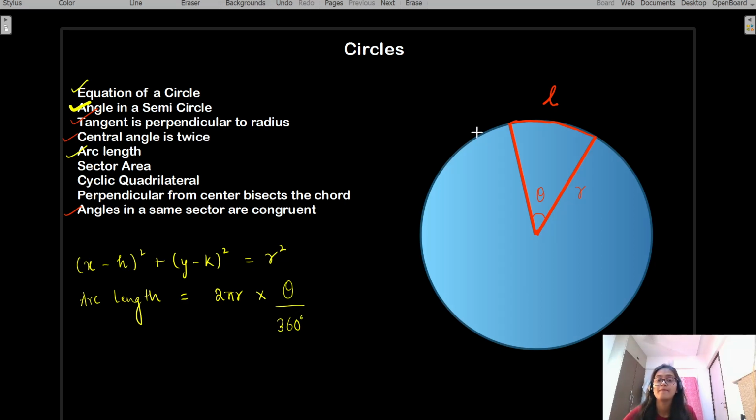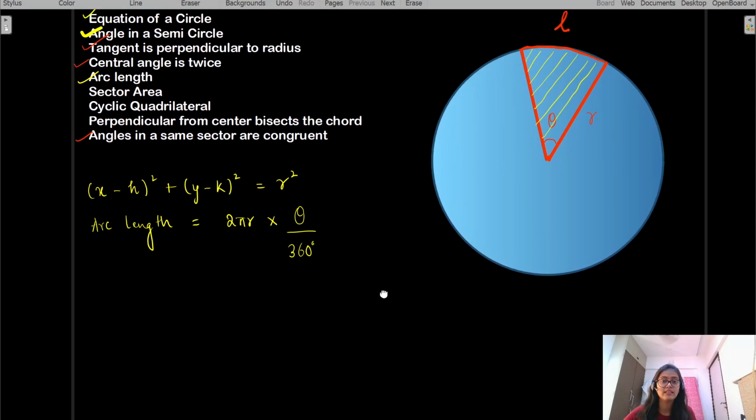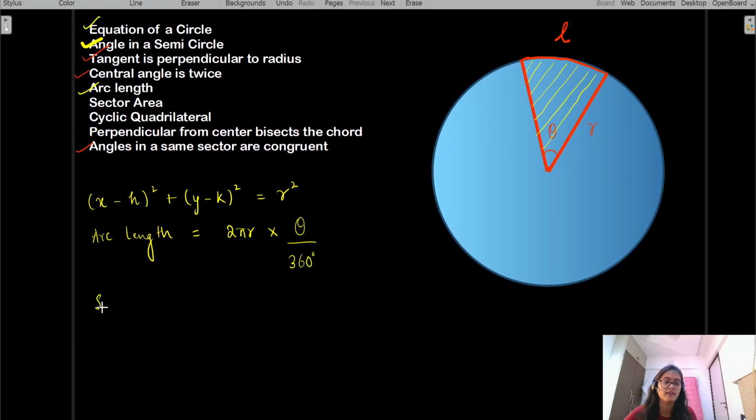Now what if I am interested in finding the area of this sector? Imagine that this blue circle is a pizza and you want to find the area of this slice. So the sector area is given by the area of the circle, which is pi r squared, multiplied by the same thing, theta over 360 degrees.